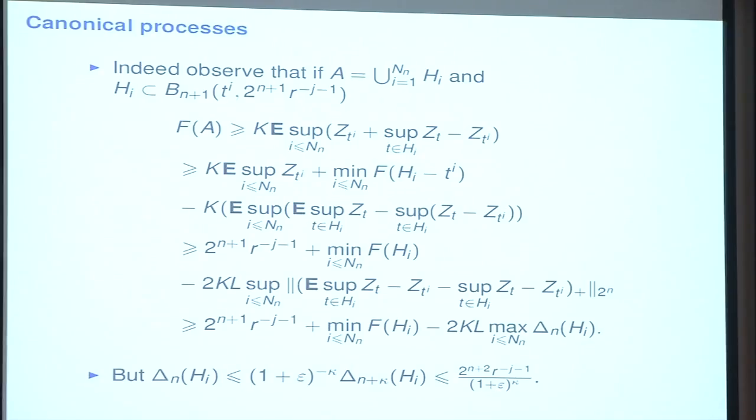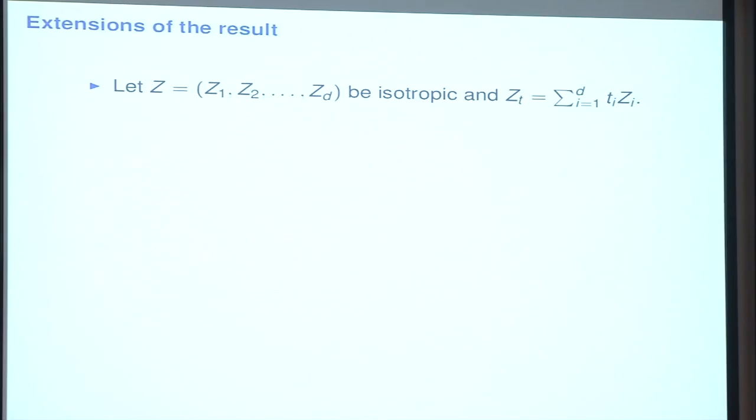And since (1+ε)^κ can be as large as I want, I can kill this constant, so I can replace it by 1, and then I will gain exactly 2 to the power n r_{-j-1}, and this establishes the growth condition for canonical processes, okay? So this is the whole idea which works for canonical.